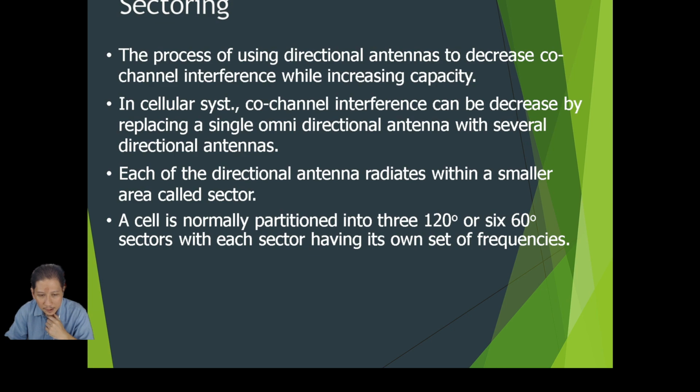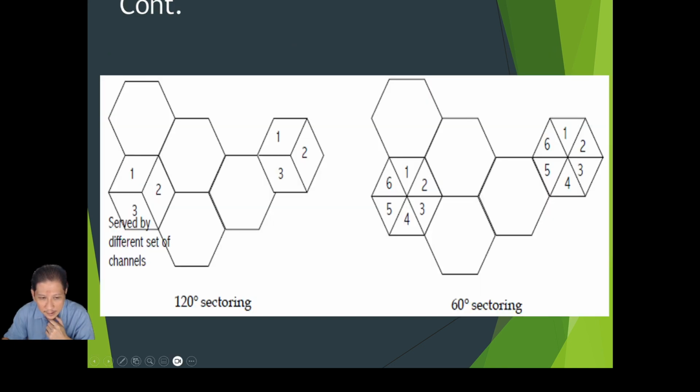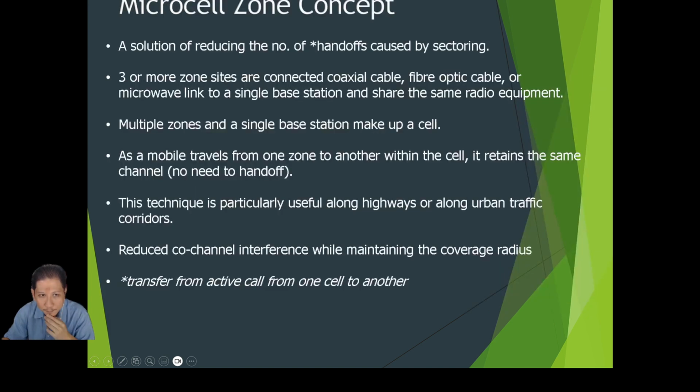Okay, and then the cell normally partition into 3 or 6 sector, which as each sector having its own set of frequency. For example, like this. Dia pecahkan tu based on 3 or 6. This one 120 sectoring, this one 60 degree sectoring. Dia lagi banyak. Okay, this one is more dependable compared to this one.